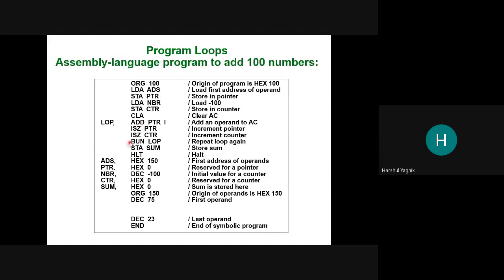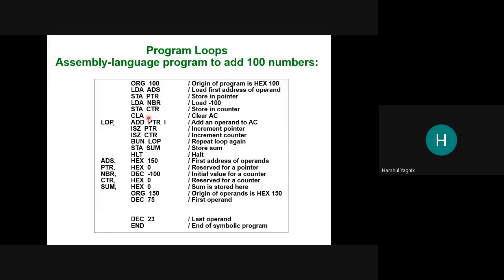Till the counter reaches the value 0, from -100 to 0. And all the content at different memory locations pointed to by the pointer, which is initially at address 150, keeps on adding.